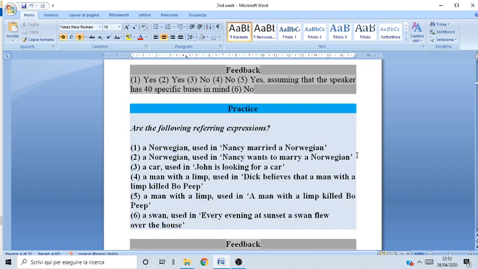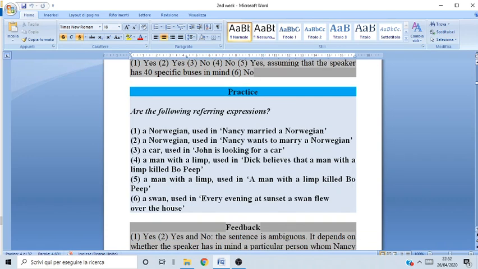Number four, a man with a limp, used in Dick believes that a man with a limp killed Bo Peep. Number five, a man with a limp, used in a man with a limp killed Bo Peep. And the last one, a swan, used in every evening at sunset, a swan flew over the house.